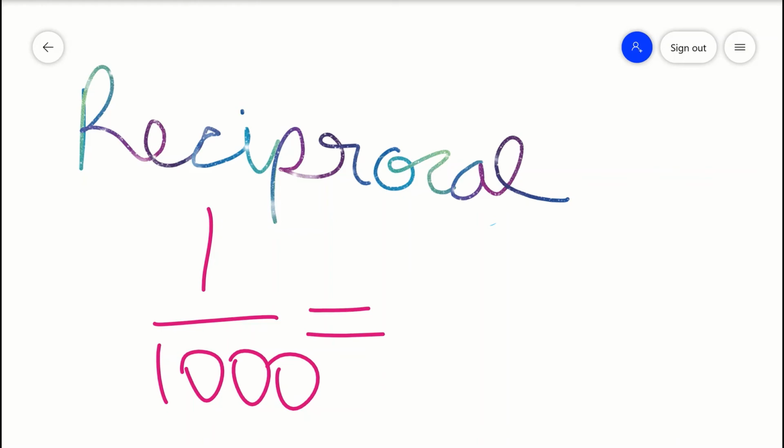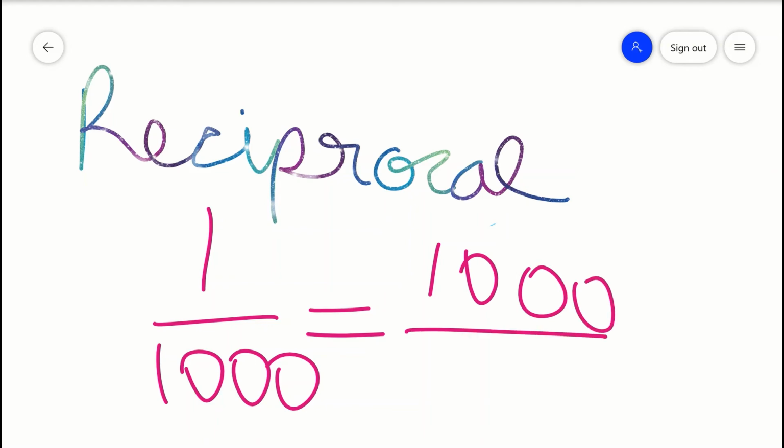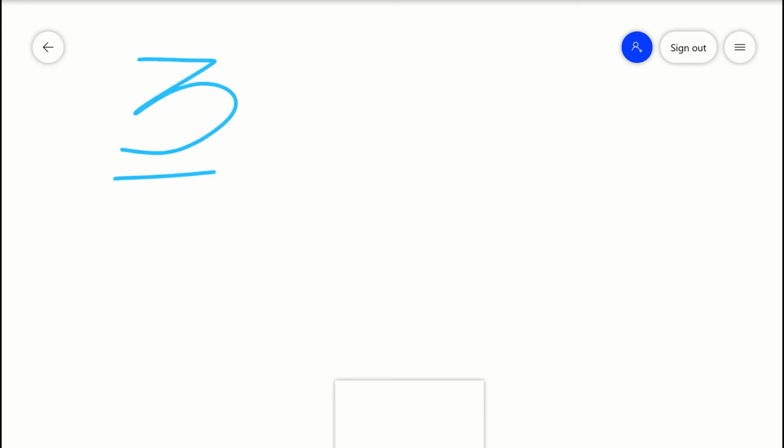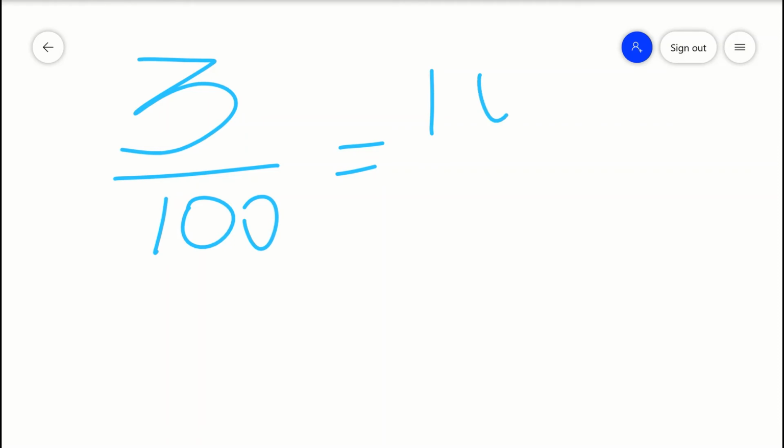The reciprocal of 1 by 1000 is 1000 by 1, which is nothing but 1000. I'll give you one more number. Take 3 by 100. What is the reciprocal of 3 by 100? 100 by 3.